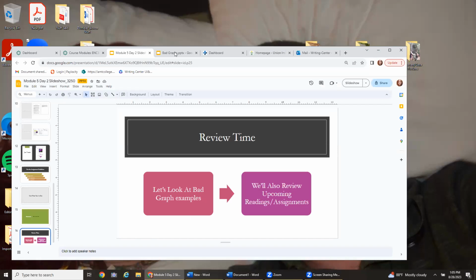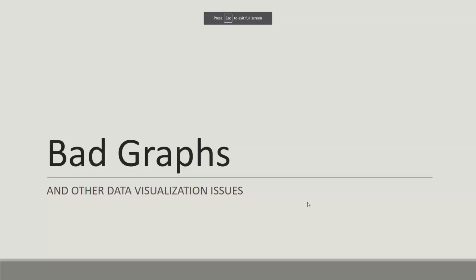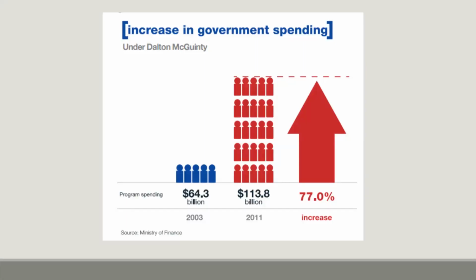Okay, so with bad graphs, we could look at a few because there's quite a number of them, but we're really just going to review maybe 2 or 3 to get an idea of what is a bad graph or a bad visual and what are some traps to avoid when you're creating your visual and you want to be ethical and transparent with your data, and you also want the purpose that you're conveying to come across.